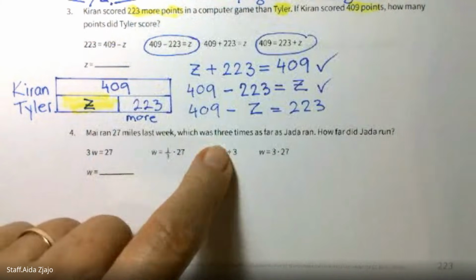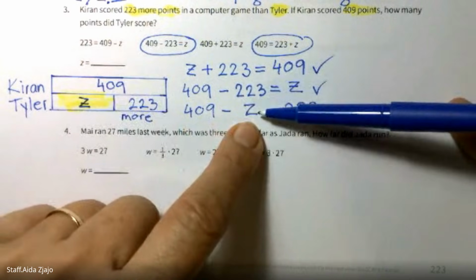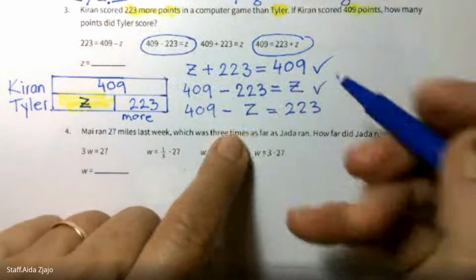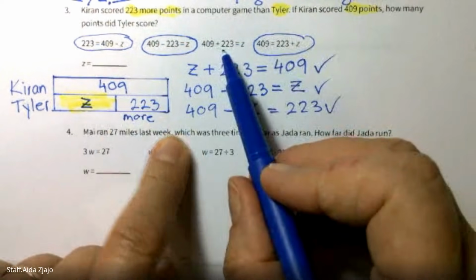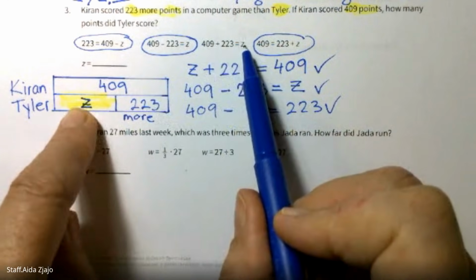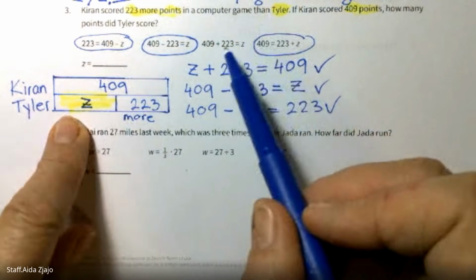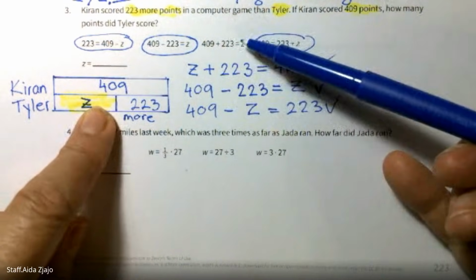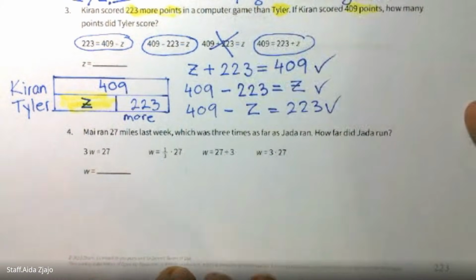And then 409 minus Z is 223. This doesn't make sense, because that would mean Tyler is larger than Kieran plus the difference. So this one is wrong.